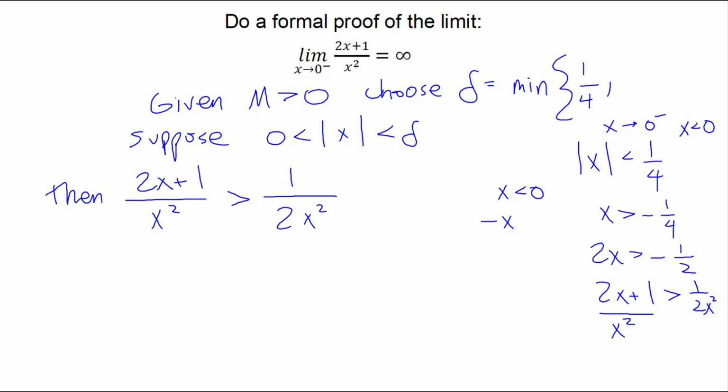So -x is going to be less than delta, just by using our delta tolerance statement. And when I square both sides of this, this is -x being squared, right? So what we're doing there is we're multiplying by something that's still positive.